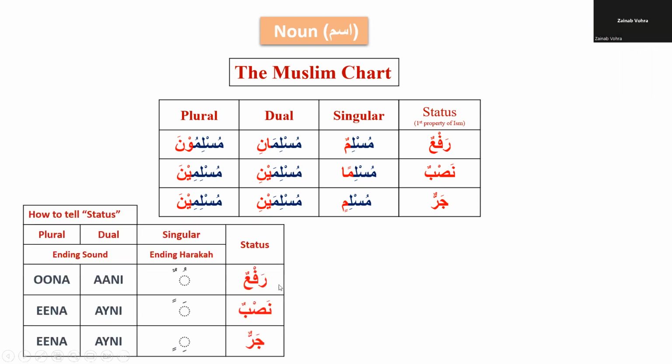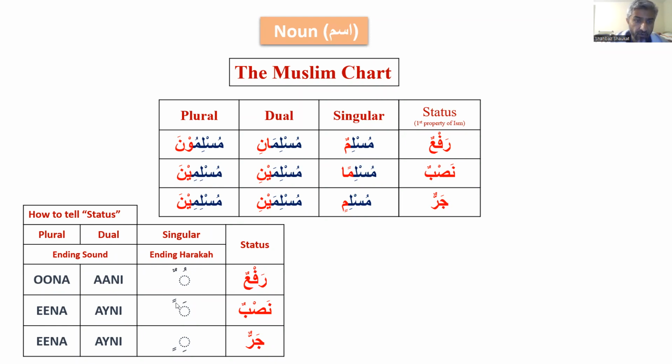So now you can see here on the slide how to tell status. For singulars, please mute your mics. If I don't ask you to, or you don't want to say something, just mute your mic. Thank you. For singular, single dhamma or double dhamma means Rafa.